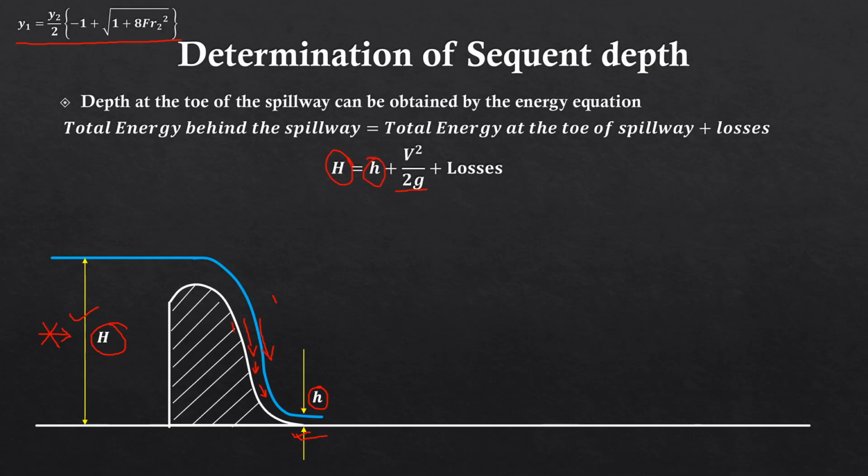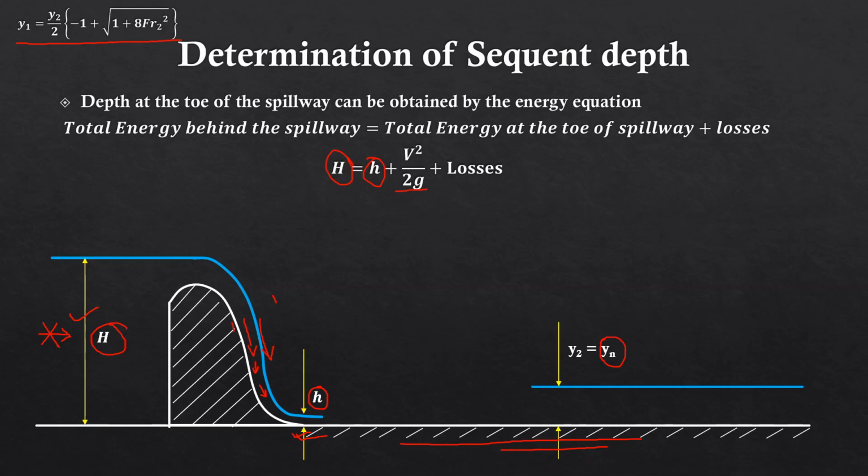Now in the downstream, this part of the channel will have some slope, some Manning's coefficient, and based on the discharge it will have some depth y. Let's call that depth yn, the normal depth.